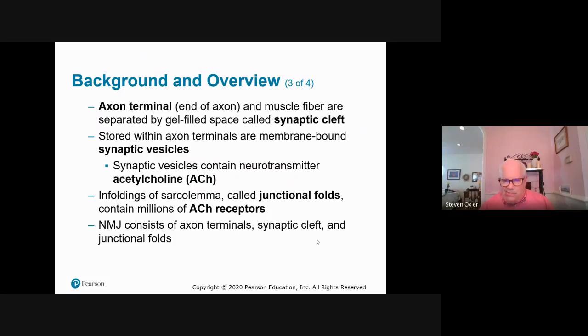These vesicles or bags contain the neurotransmitter acetylcholine. At the neuromuscular junction, you have the axon terminal from the neuron, the synaptic cleft, and the junctional folds of the sarcolemma, which is the muscle plasma membrane.